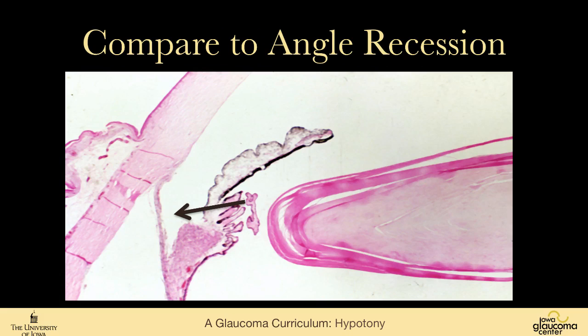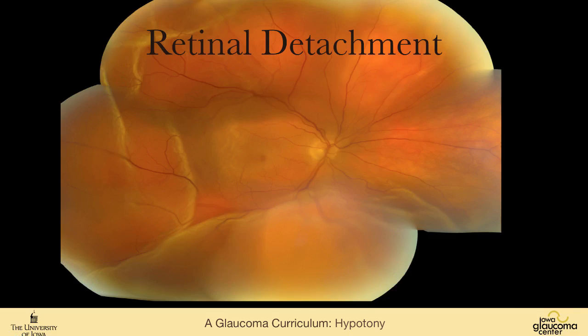To me, it's interesting how similar this is to angle recession, where again there's tearing in the angle, but there is a wisp of ciliary body left behind, and so these patients obviously have either normal or elevated intraocular pressure. But if we erase this little tiny wisp here, then it would be a cyclodialysis cleft. Rhegmatogenous retinal detachment can cause hypotony.